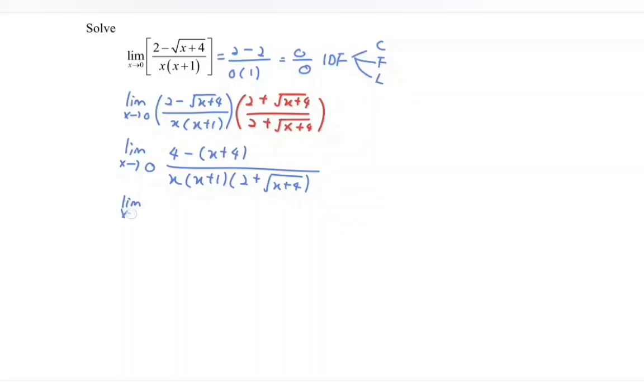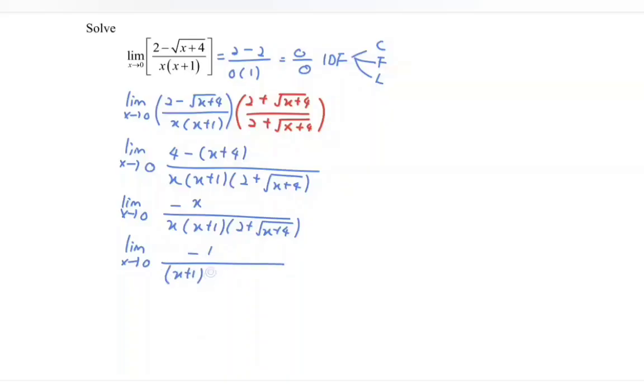Limit as x approaches 0, then we have negative x over x multiplied by (x plus 1) multiplied by (2 plus the square root of x plus 4). If we simplify, limit as x approaches 0, we have negative 1 over (x plus 1) multiplied by (2 plus the square root of x plus 4).